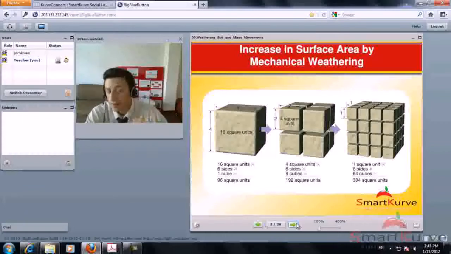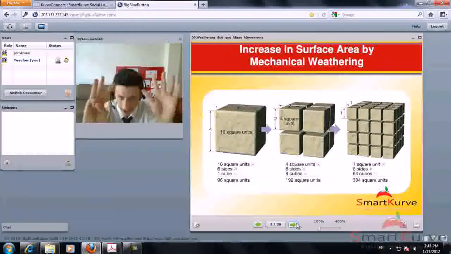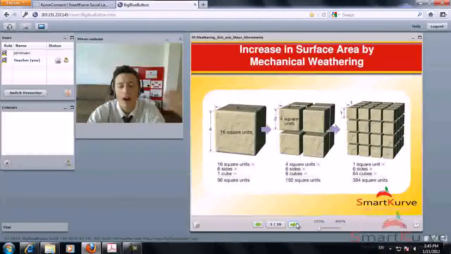So every face has an area of 4 square units. So now 4 square units times the 6 sides of a cube times now not 1 cube but 8 cubes, we now have 192 square units. So you can see by breaking that cube down into smaller pieces, we have more surface area.